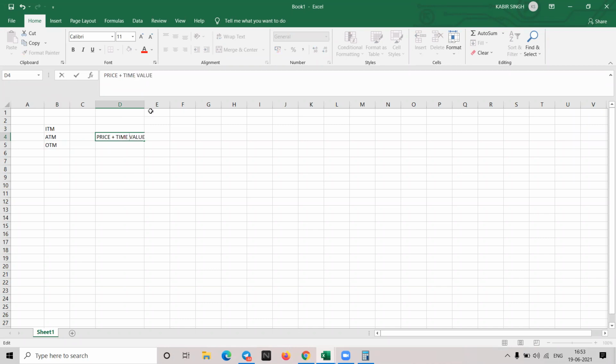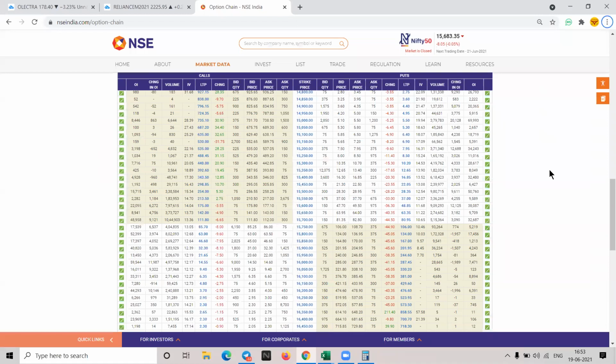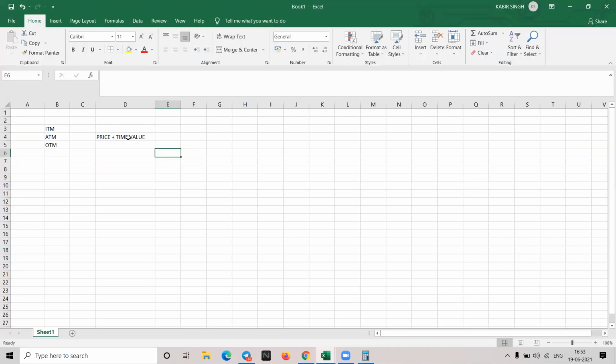Price plus time value. Time is what? The expiry. Till expiry you have time. In Nifty we have weekly expiries also. Every Thursday is an expiry in Nifty. In stocks we have monthly expiries. So time value is your expiry. Till expiry you have time, so a certain value will be there.